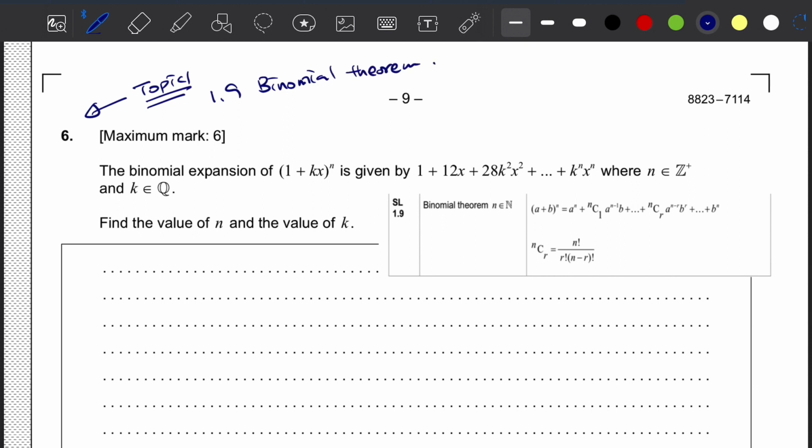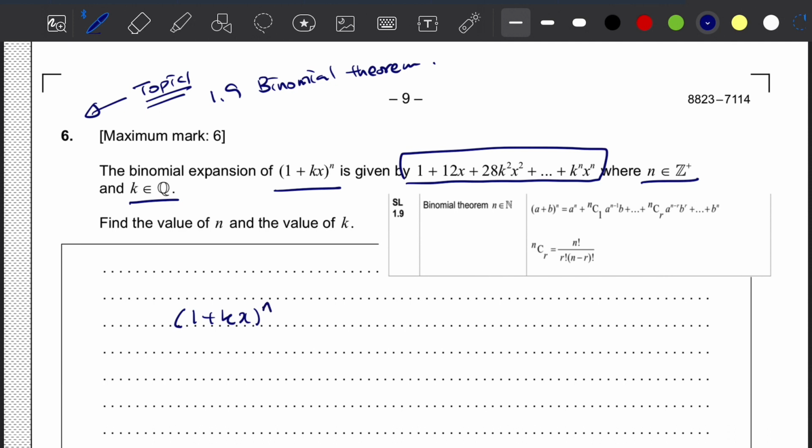So here we know that when we expand 1 plus kx to the power of n, it gives this equation, right? And we do have a restriction for the n and k values. So we already know that 1 plus kx to the power of n is the same as 1 plus 12x plus 28 k squared x squared plus and so on.